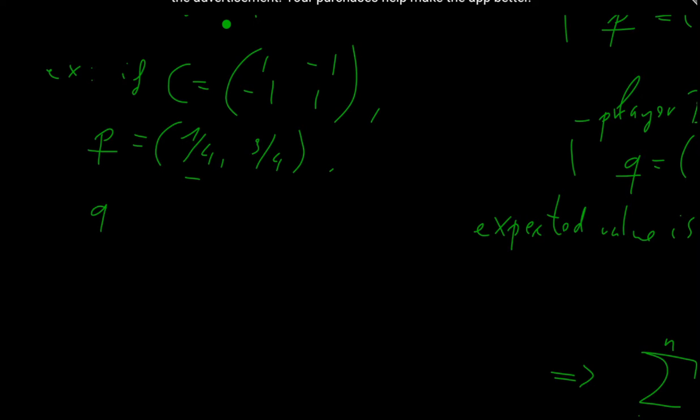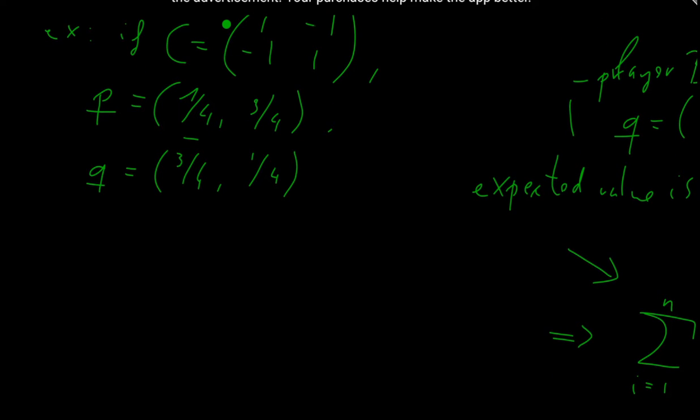And say the other player, player B, has another strategy which is just, say, 3/4, 1/4. Why not? Then if you compute this with this formula, what is the expectation? So it's just the first row is 1/4 times the first column is 3/4, and in this case we are picking this entry there.